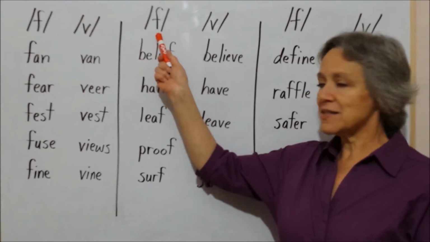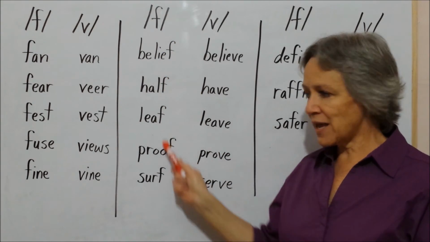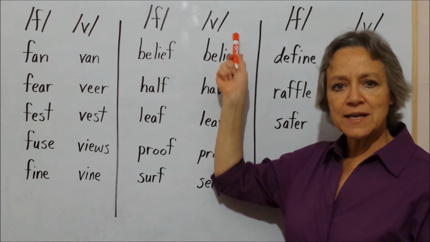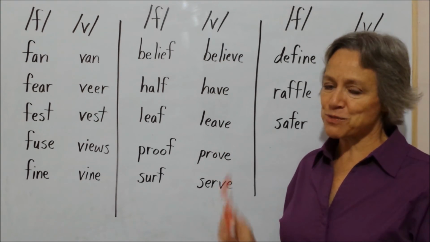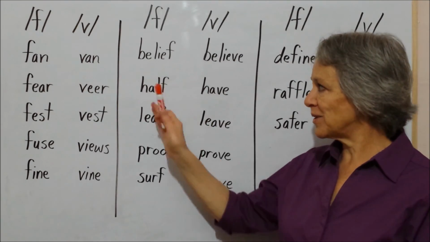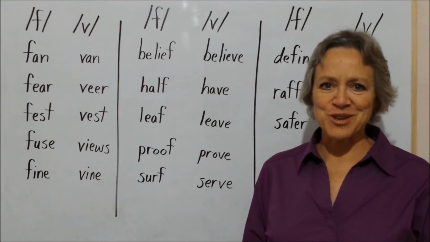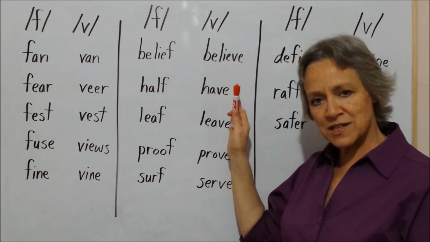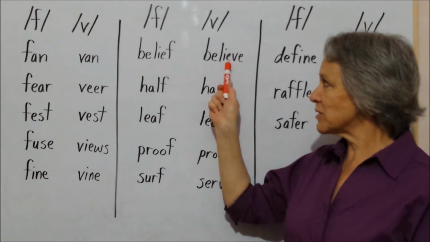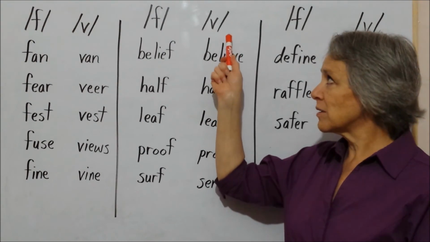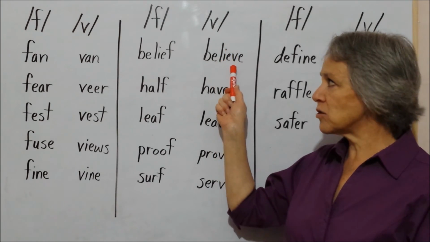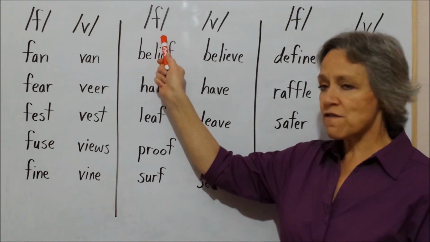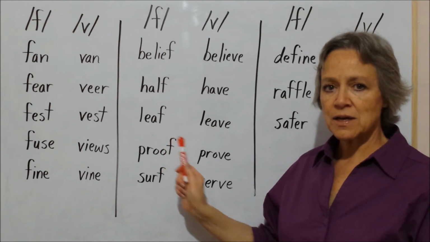Here, the sound F is at the end of each of these words, and here, the sound V is at the end of each of these words. So let's practice these, and please be sure to make a difference between the two sounds, okay? One additional difference between the words in this column and the words in this column is that the vowel sound before the sound V is longer in these words than it is before the sound F in these words, okay?